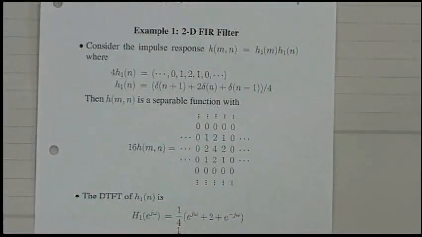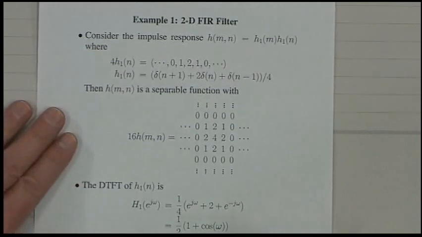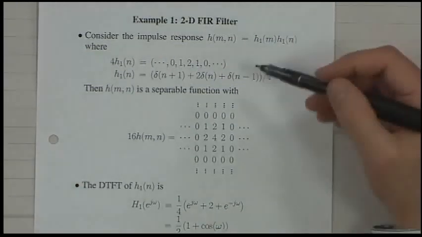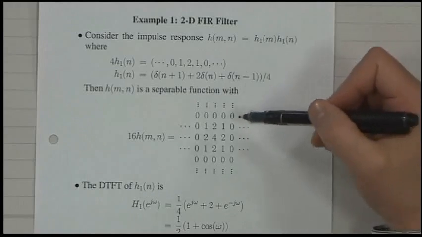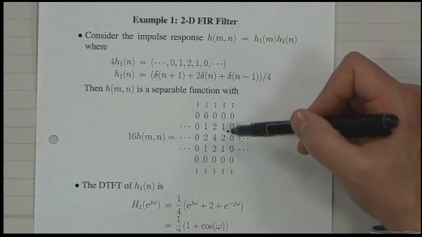Now, this is just an example. In fact, you did something like this, I think, in the lab, where some 2D filters are separable. And if they are separable, that's advantageous because they can be implemented with much less computation.